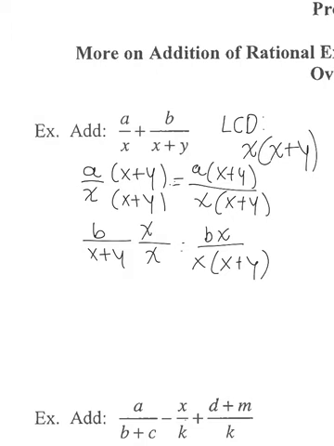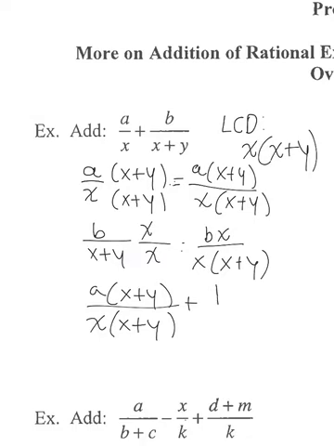So now if we go back to our original expression, we're adding these together. We're taking a times the quantity x plus y over x times the quantity x plus y, and we are adding it to bx over x times the quantity x plus y.